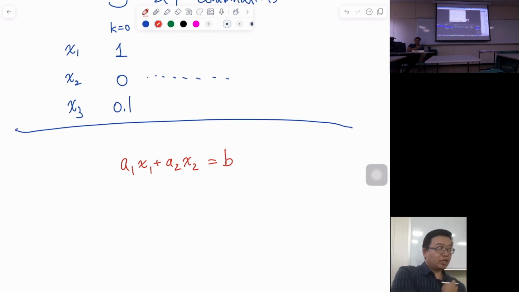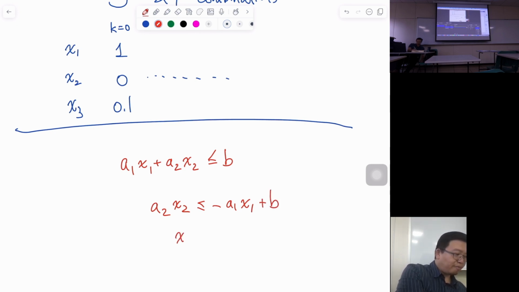Smaller than, right? So for easy plot, what I can do is I can do this. And then I divide everything by A2.